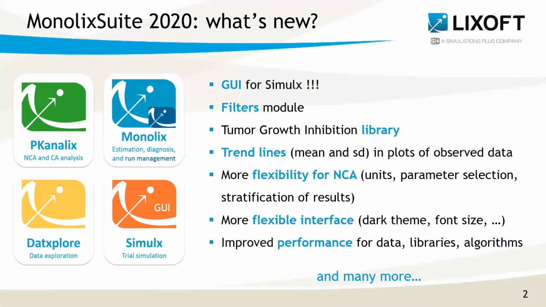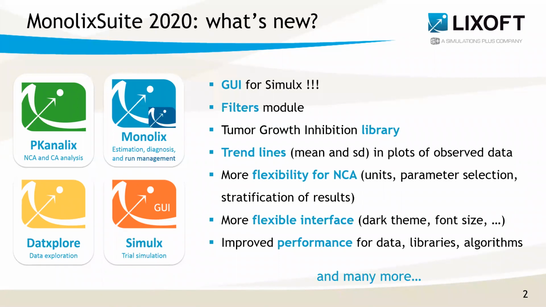In addition to this, we have a module to filter the data prior to analysis, a new library of tumor growth inhibition models, and the possibility to have trend lines displayed on plots of the observed data, with the mean curve and standard deviations.